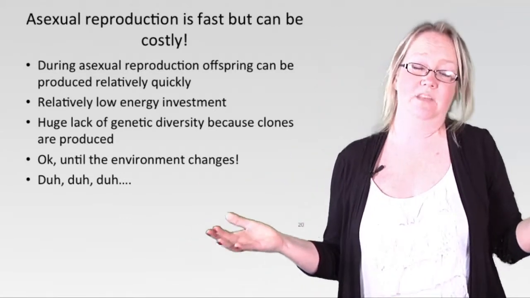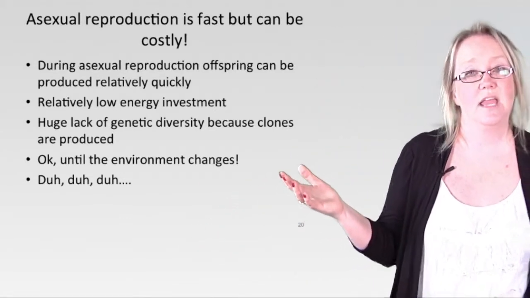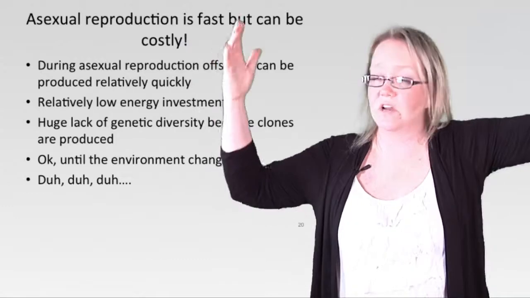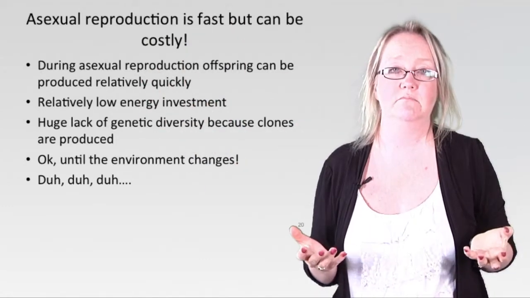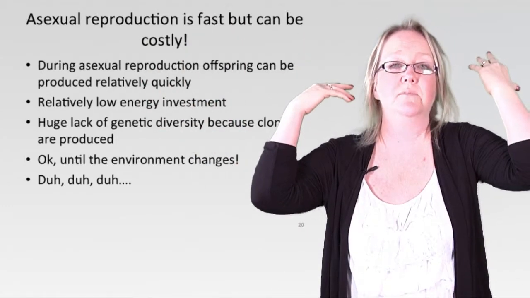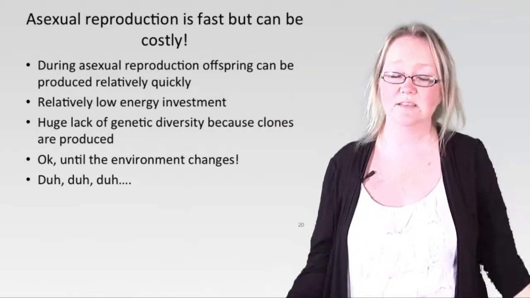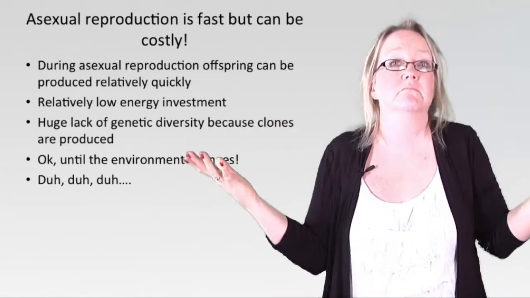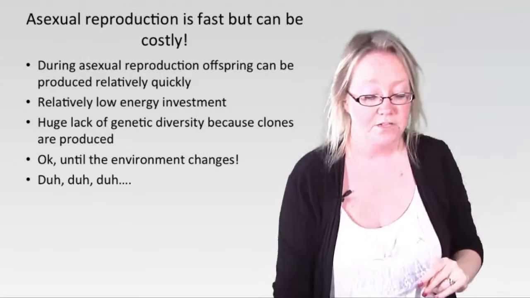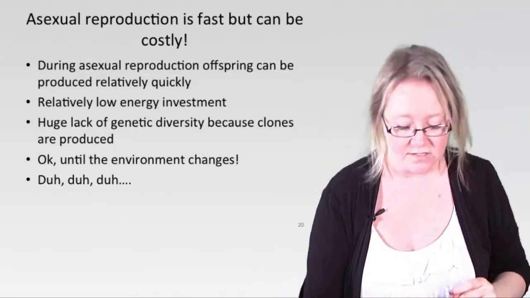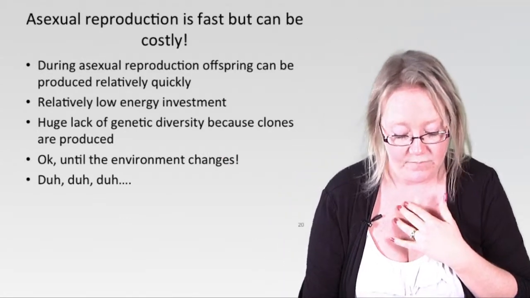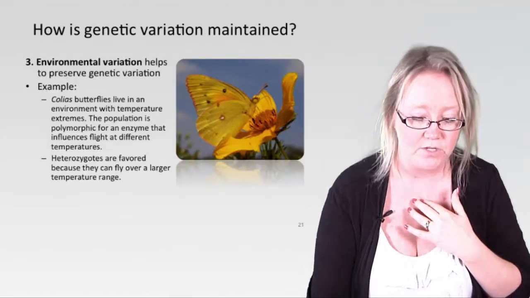That's great until suddenly the environment changes and your clones are completely unadapted to the new environment. Then pretty much your entire population is going to fall to the wayside, going to die, and you're done. What happens next? Okay? That's a problem because then you kind of disappear from the population.